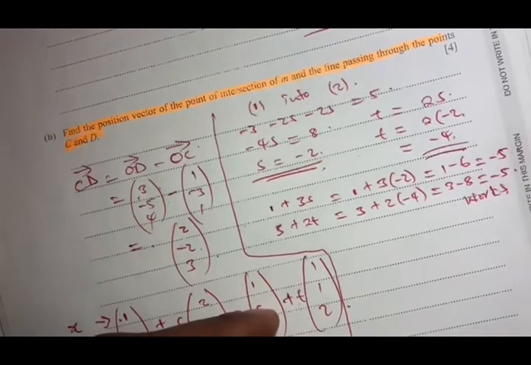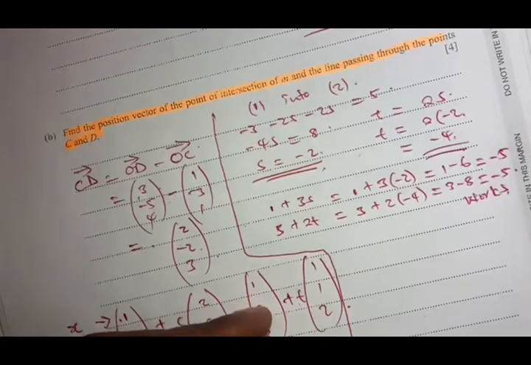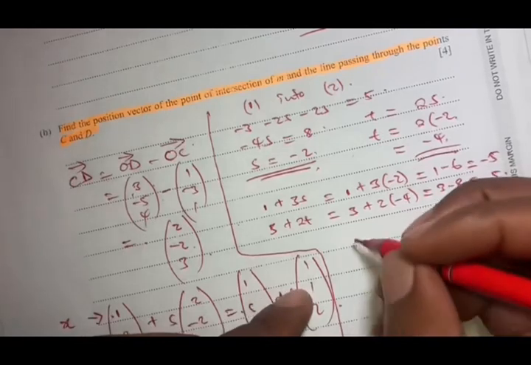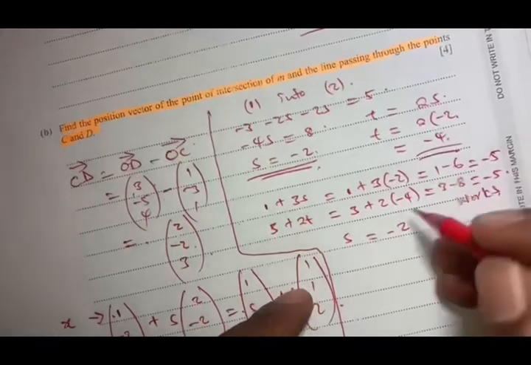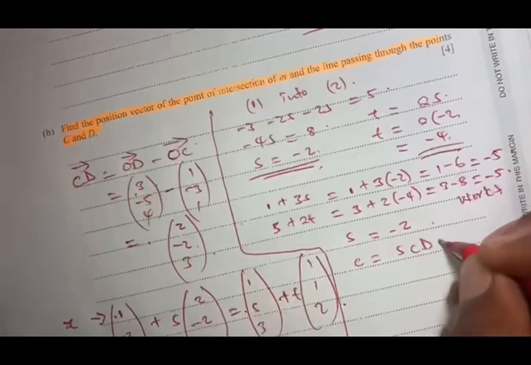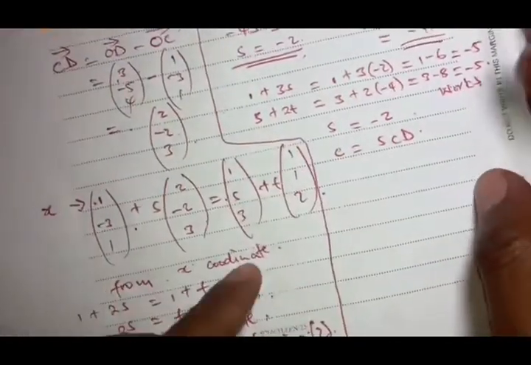So if it works, I'm simply going to put the vector s equal to minus 2 into the line passing through C and D. I'm now putting it into the line, which is this line actually.